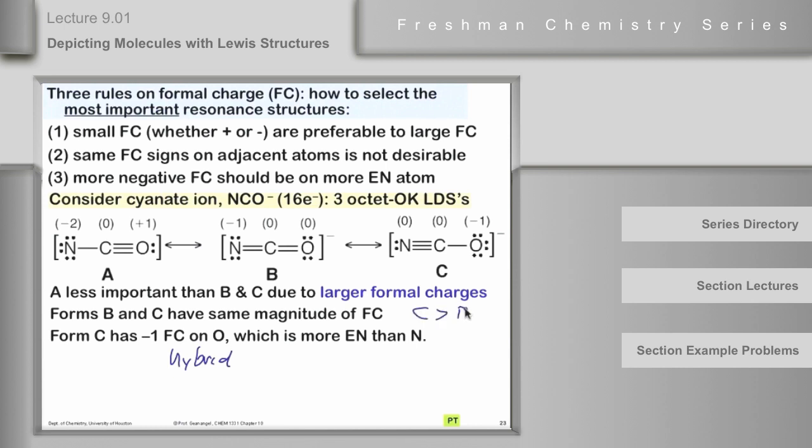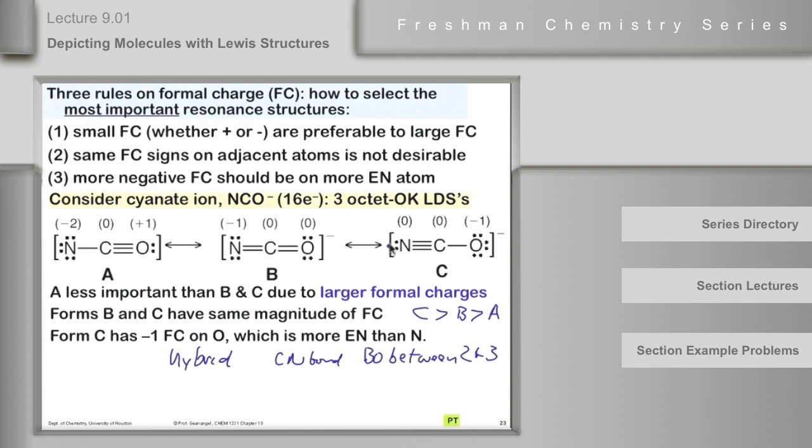That's better than B. That's better than A. So B and C come closest to describing the hybrid, with C being the better of the two. So the hybrid would appear to have a carbon-nitrogen bond, and the bond order ought to be between 2 and 3, maybe closer to 3.